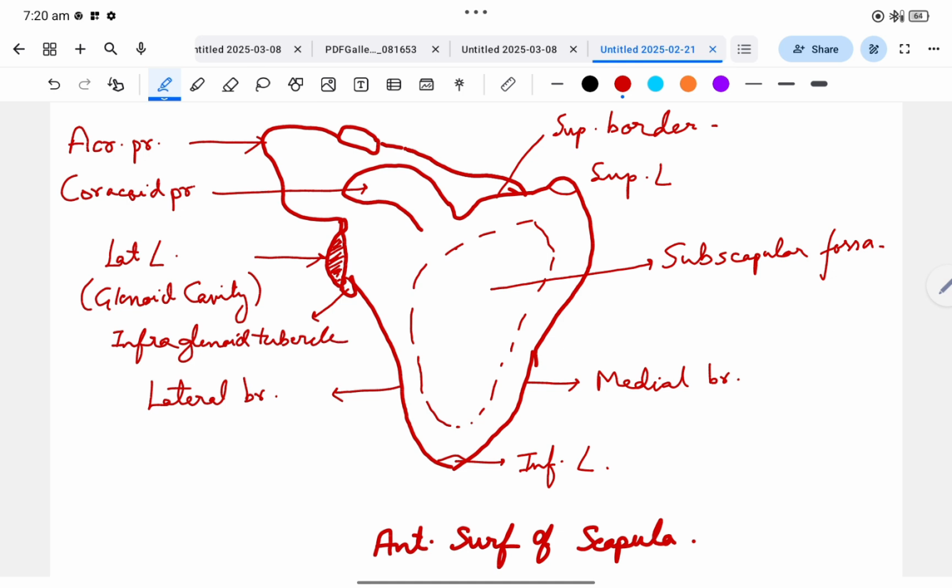And this part is above the glenoid cavity. So this is supraglenoid. Supraglenoid tubercle.